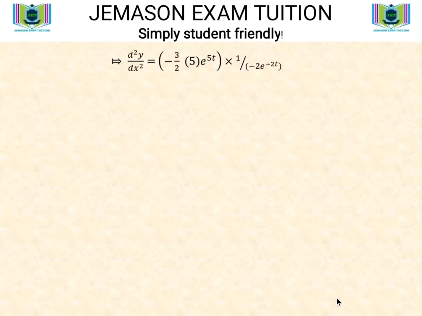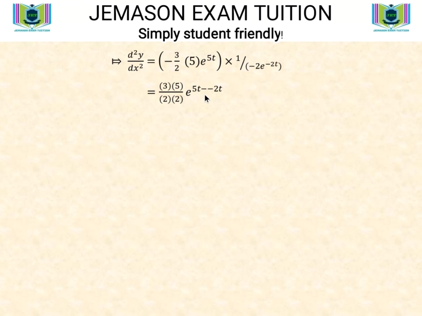And from here we proceed to simplify by noting that at the numerator the coefficient of e to the 5t would be negative 3 times 5, and at the denominator we have 2 times negative 2. So the negatives will cancel, and then we have at the numerator 3 times 5 divided by 2 times 2 at the denominator. Then we have e to the 5t divided by e to the negative 2t.